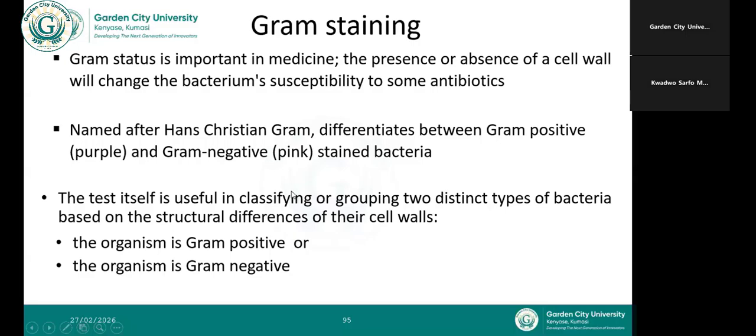So you can use this gram staining technique, which was developed by Hans Christian Gram, to differentiate gram-positive bacteria from gram-negative bacteria. And it relies on the differences in the bacterial cell wall.